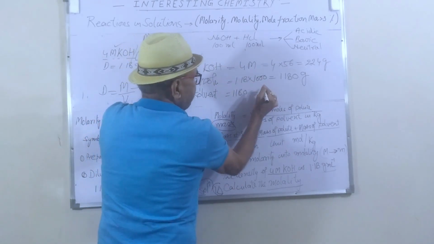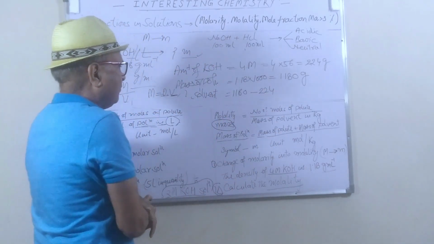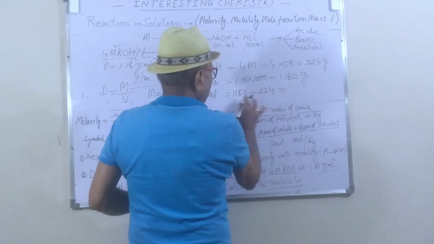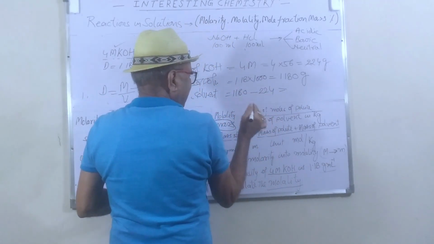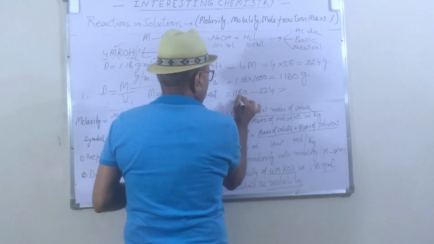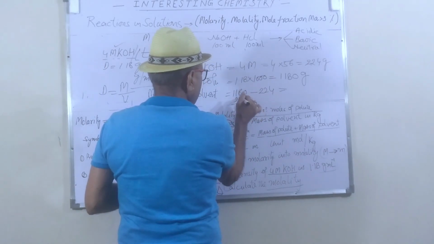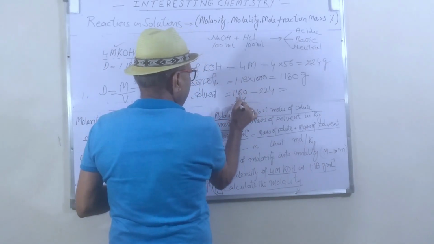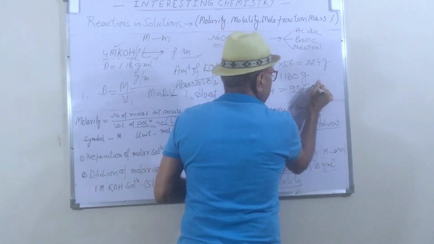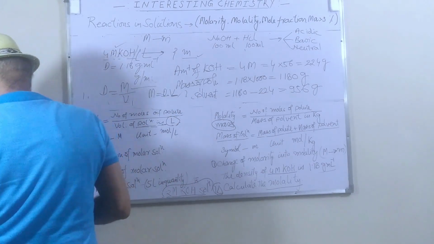So 1180 minus 224, which is 956. 956 gram will be the mass of solvent.